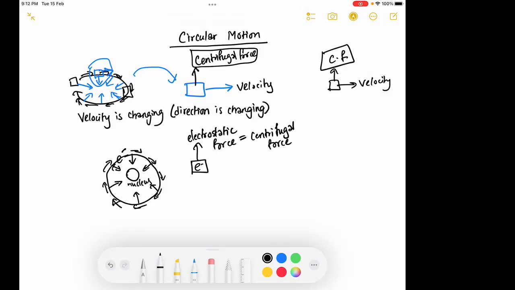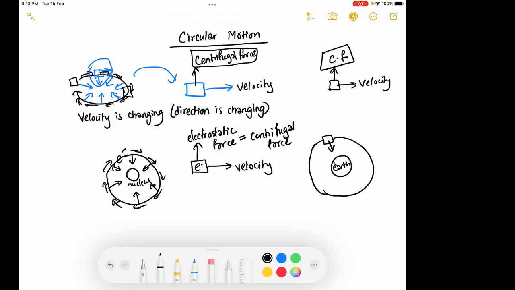In this case, our velocity, let's say, is towards this side. The electrostatic force is always acting perpendicular to the direction of the velocity. And in the same case, if you think of maybe a satellite, let's say this is Earth, and the satellite is moving around the Earth.